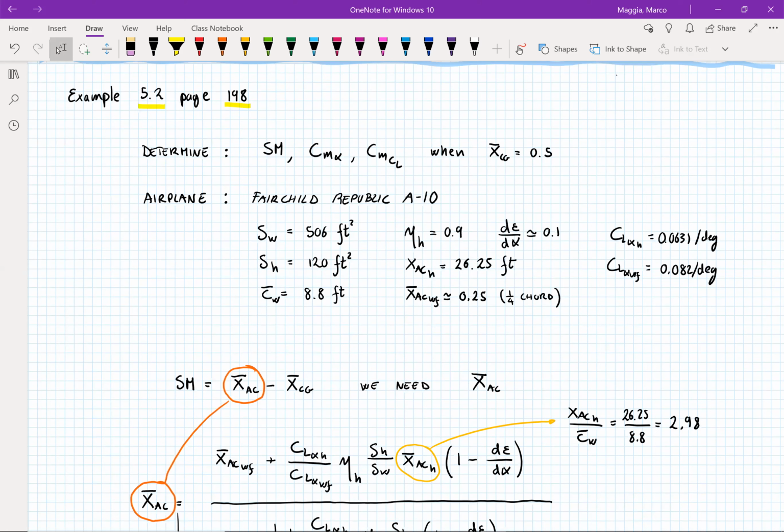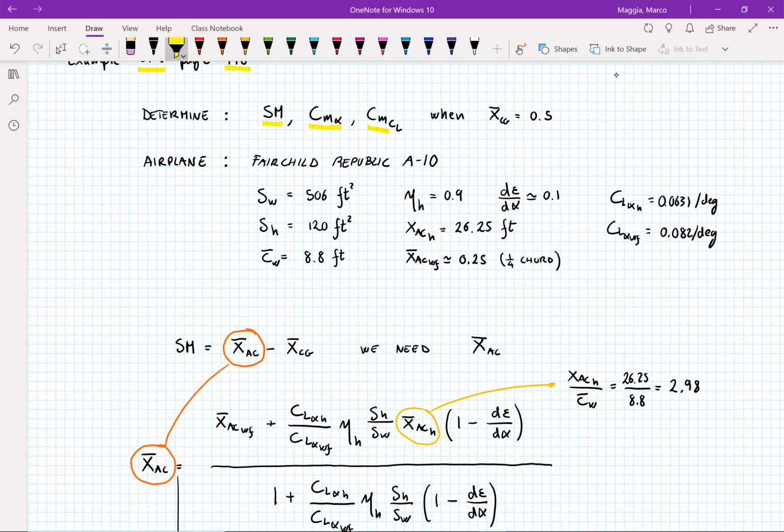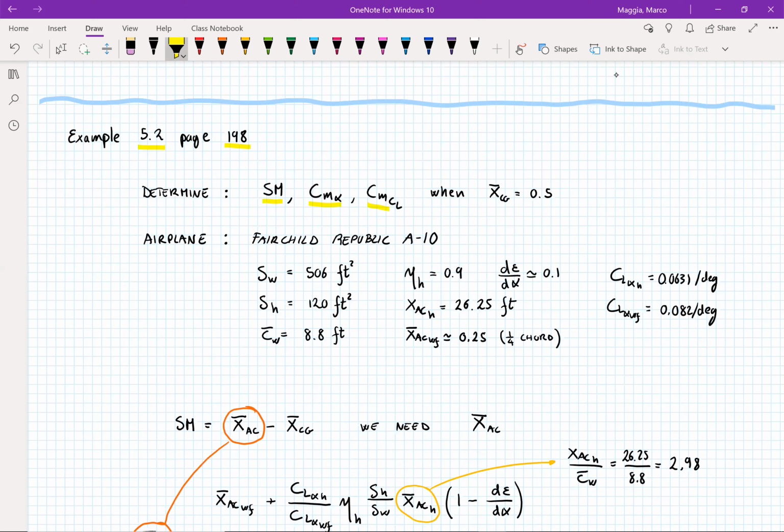So the problem asks for determining the static margin, then the coefficients Cm alpha and Cm CL when the normalized position of the center of gravity is 0.5. And here we're referring to a Fairchild Republic A10, which is an aircraft from the 70s.